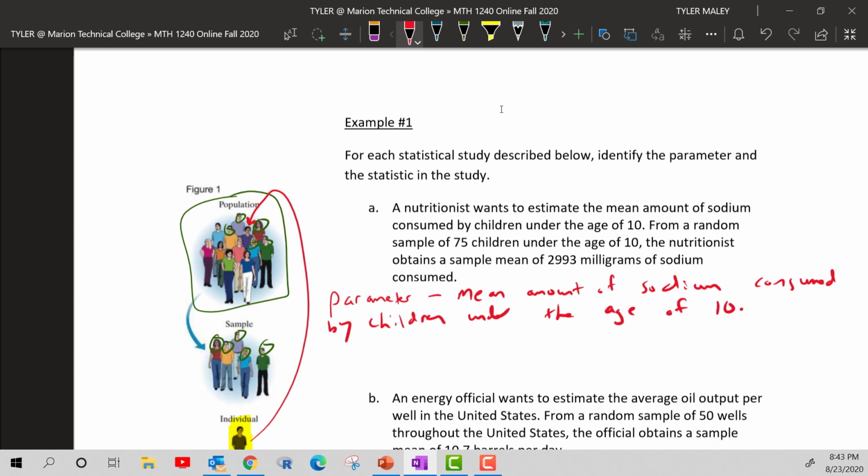Right? So the parameter, remember, goes about the population. That's what we're trying to answer. That's what we want to know. So again, it's impossible to measure everyone in the population. So we get a sample, in other words, a statistic, to try to estimate what the parameter might be.